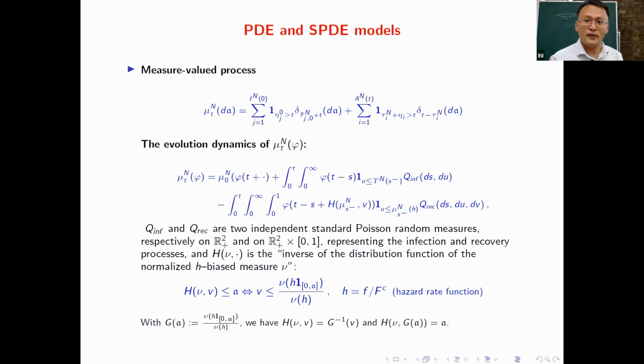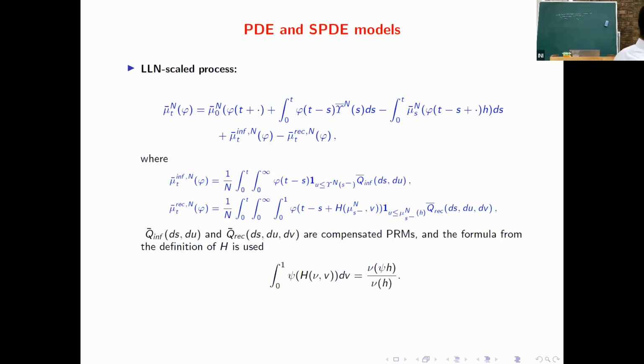Okay, this is the most crucial thing for this talk. Now, if you look at the large number scale process, everything divided by n, we use the centered, compensated Poisson random measures. This is what comes into the drift, the deterministic flow essentially.